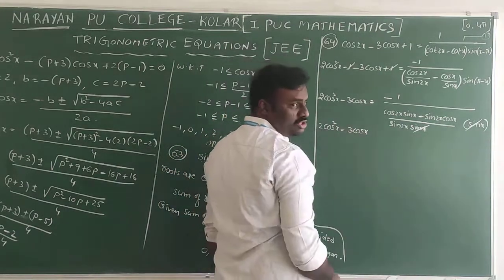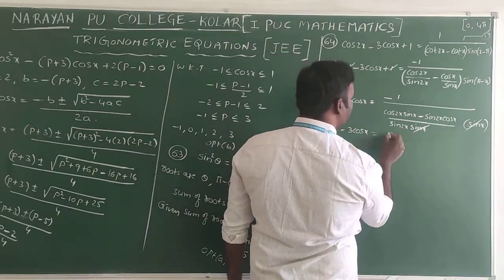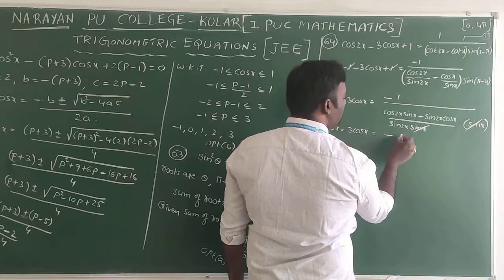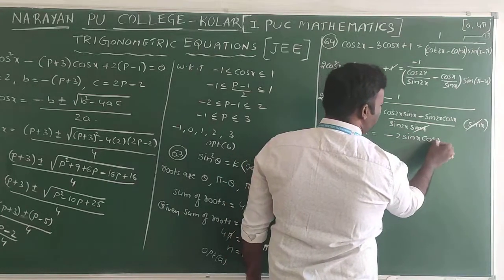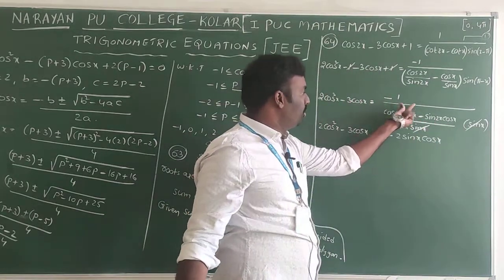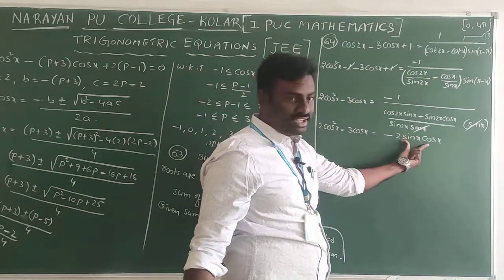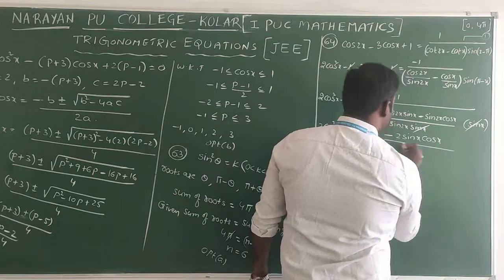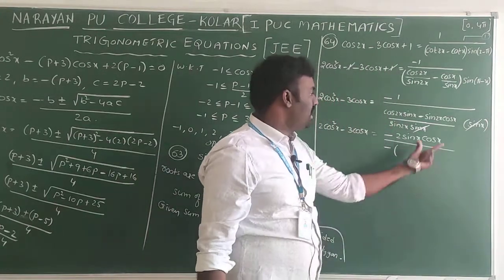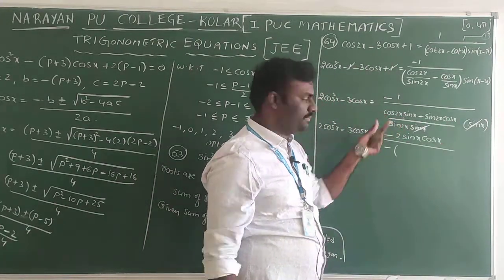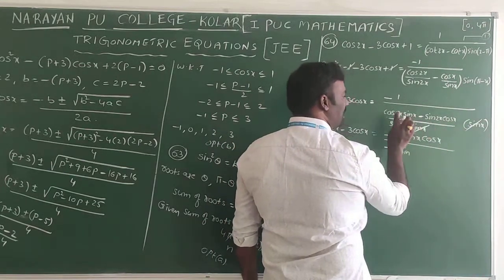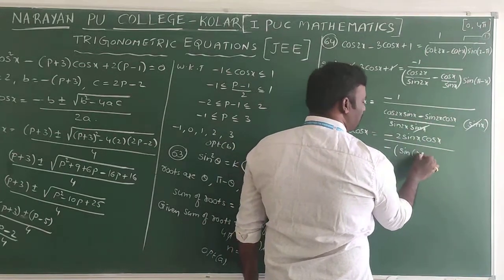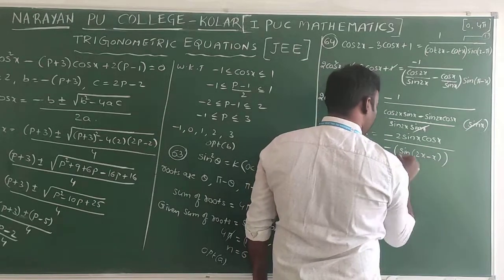You send sin 2x to the numerator, minus sin 2x, I can write as 2 sin x cos x. Sin 2x formula is 2 sin x cos x. Here if you take minus common, this value comes first, this value comes next. Now sin a cos b minus cos a sin b is nothing but sin(a minus b).